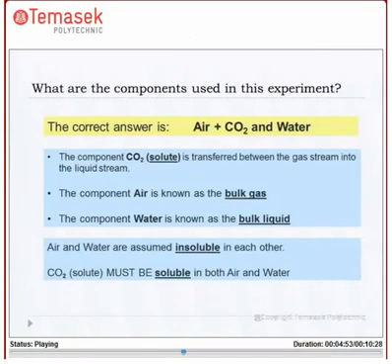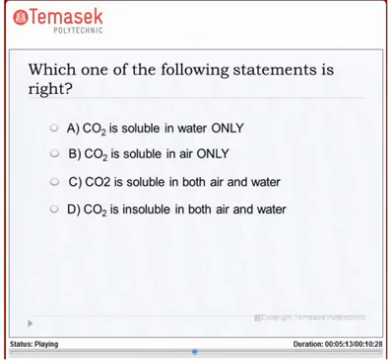For typical gas absorption systems, the bulk gas and bulk liquid, air and water in this case, are selected to be insoluble in each other. The solute of interest must be soluble in both the bulk gas and bulk liquid streams. Which one of the following statements is correct?